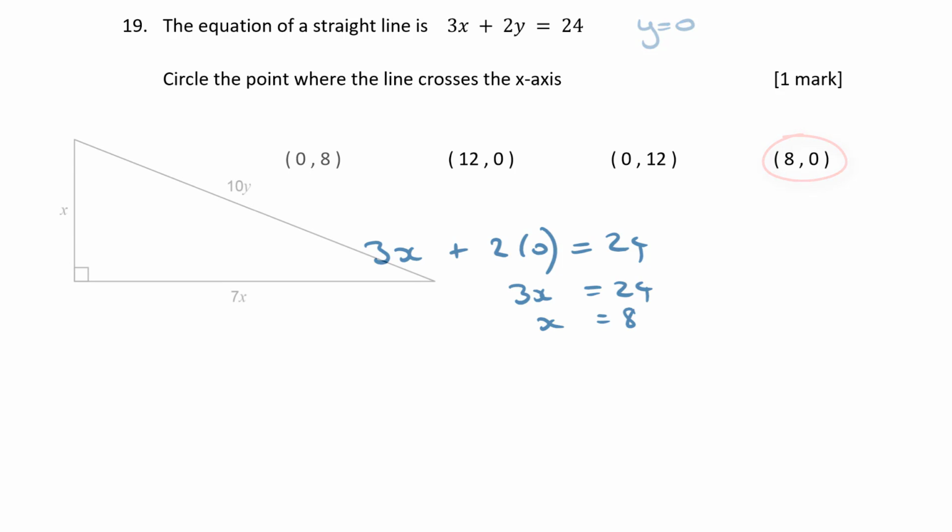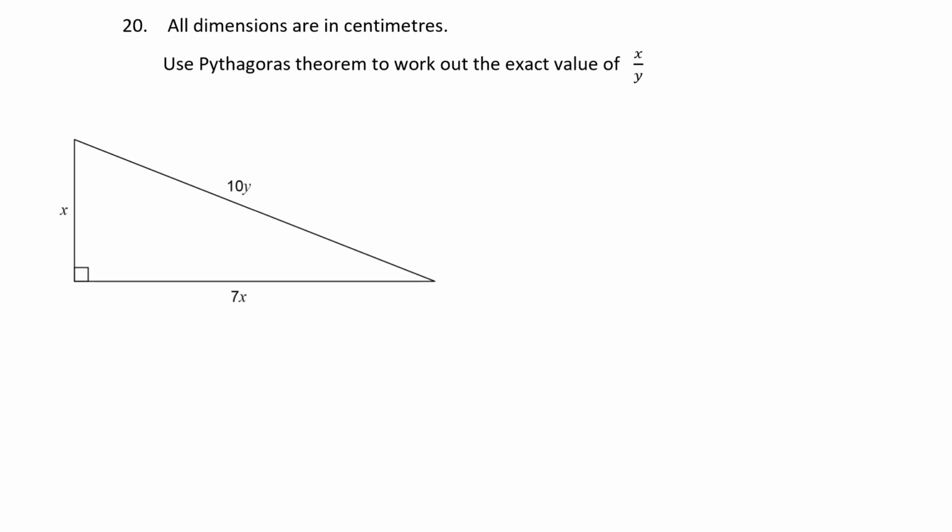That one. Question 20. All dimensions are in centimeters. And we've got a triangle here, right angle triangle with sides x, 7x and 10y. And we need to use Pythagoras theorem to work out the exact value of x over y. Fun times. Okay, so what does Pythagoras theorem state?